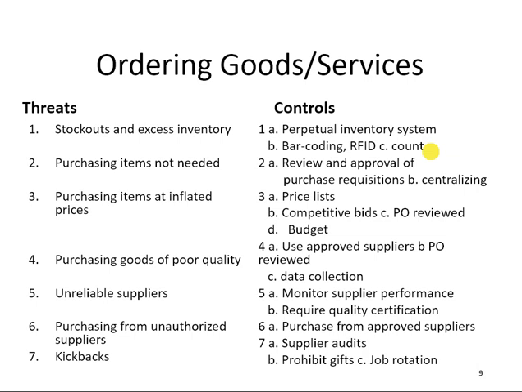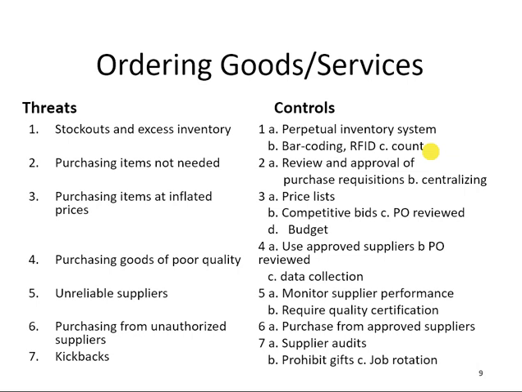For example, different departments or units may submit the same request for the same items at different times. So as a result, the organization may centralize this function so it can carry a larger inventory that satisfies all the needs of different departments and at a low price.